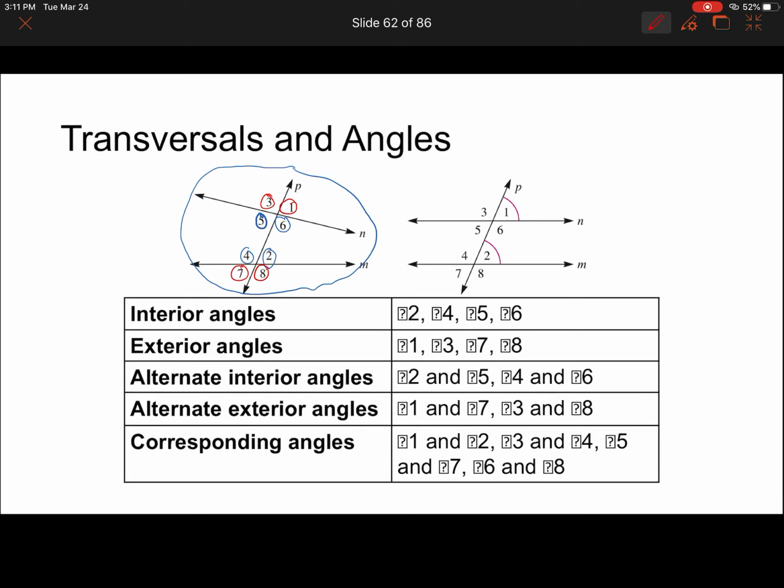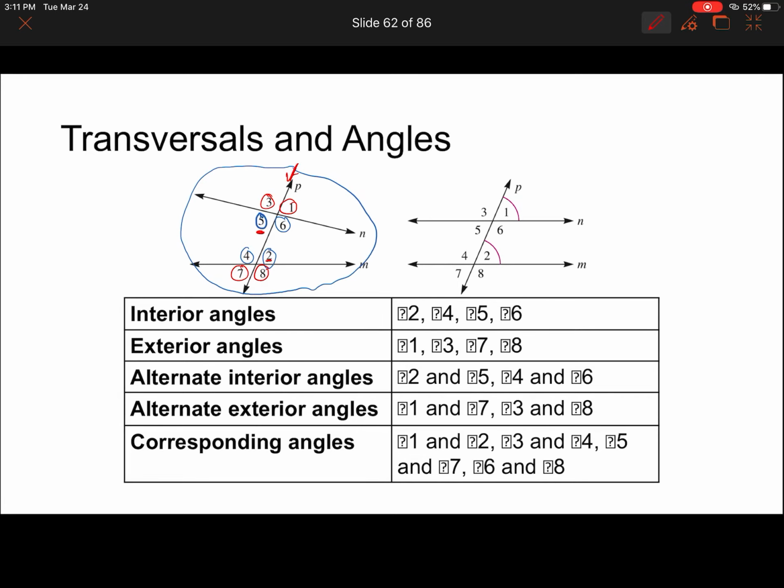Also, angles 1, 3, 7, and 8 are considered to be exterior angles. Those are angles that are on the outside of the other two lines. The transversal is the line that is splitting those. That's this line.